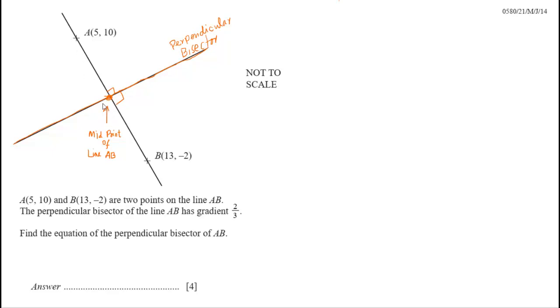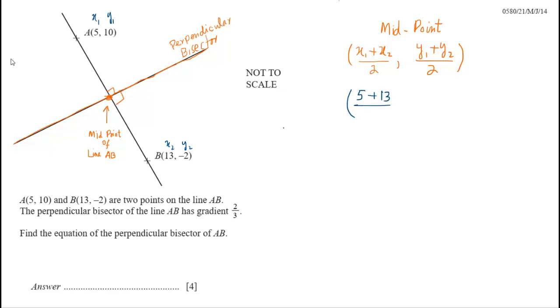So let me calculate this midpoint. This is the formula of the midpoint. Let me call this x1, y1, and this x2, y2. Plug in the values: x1 is 5 plus x2 is 13 over 2, comma, 10 plus y2 which is minus 2.